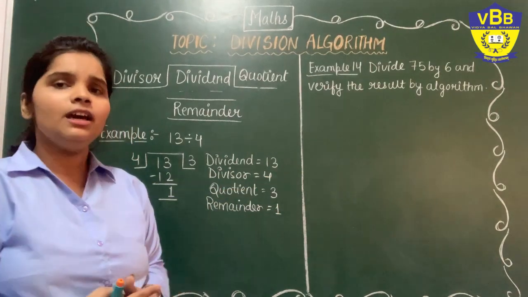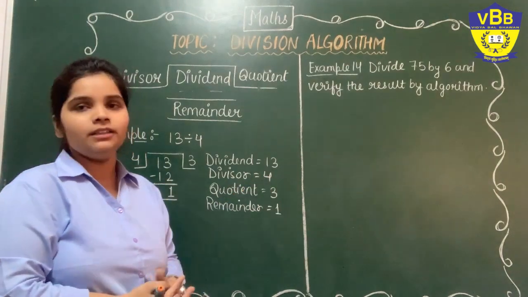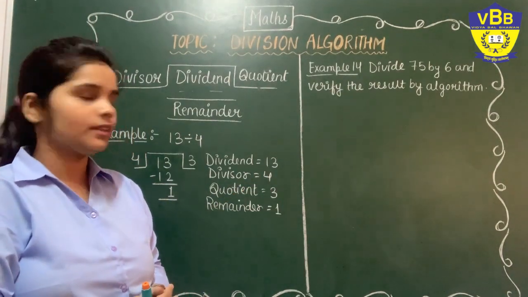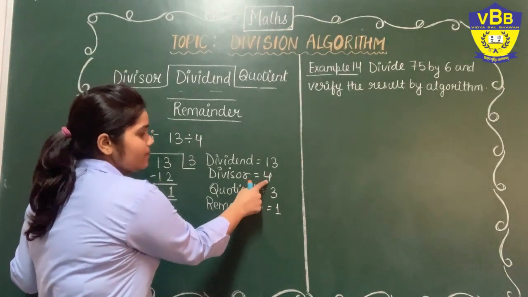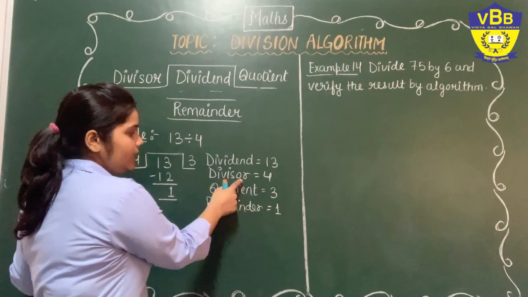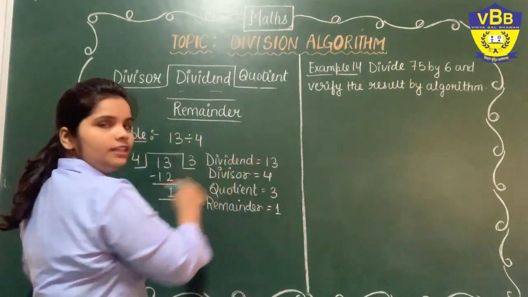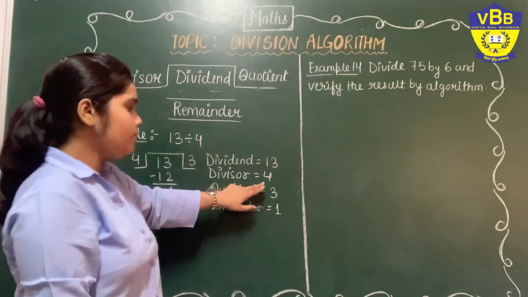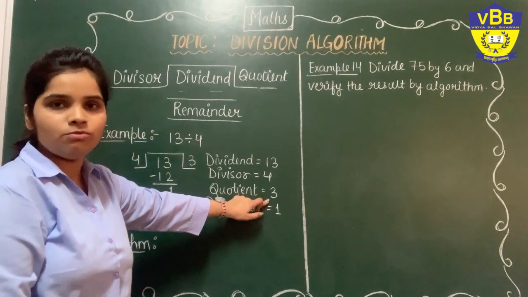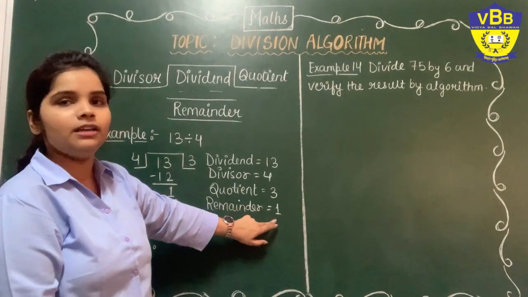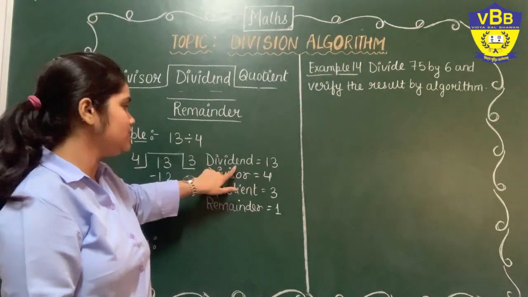Can you find a pattern? Did you observe any pattern in these 4 terms? Look, if you multiply 4 with 3, the divisor with the quotient, and then add 1, you will get the dividend. 4 multiplied by 3 is 12, and then add the remainder, 12 plus 1 is 13, and 13 is the dividend.